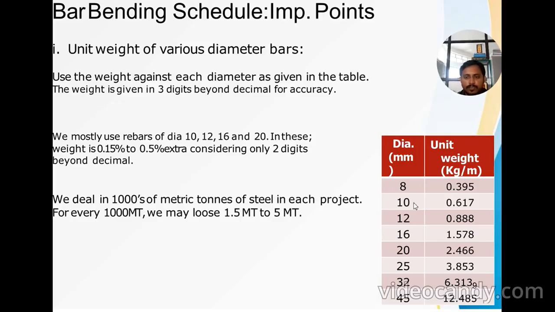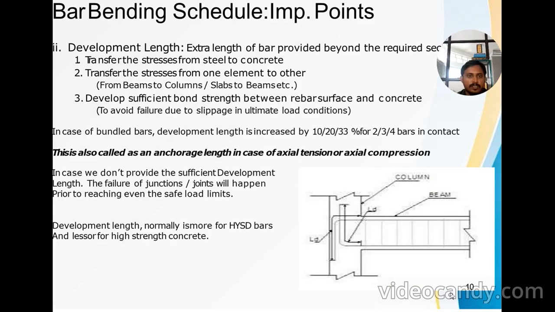So when we place 10, 10 square by 162, you will get the value 0.617. So this is the calculation of unit weight by using various diameters.